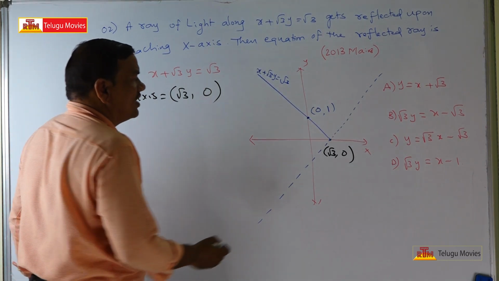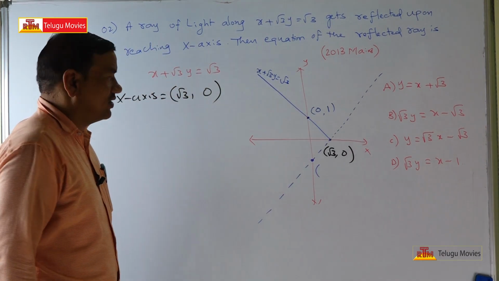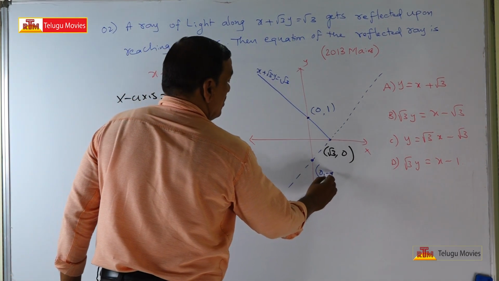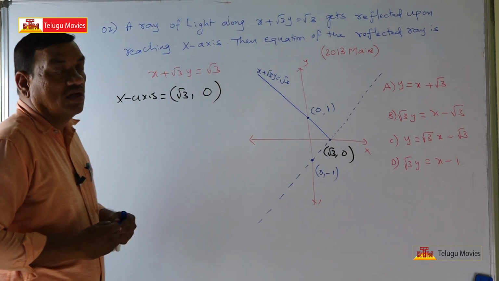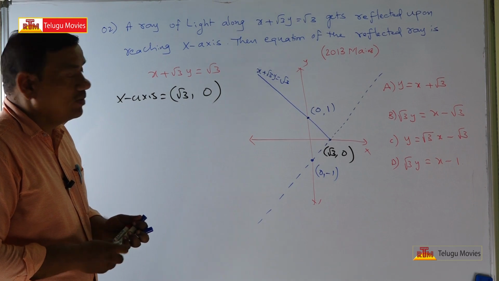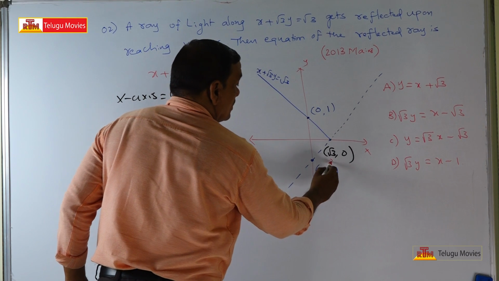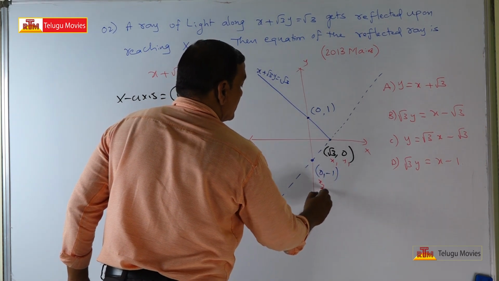If you observe clearly, what will be this point? Definitely it will be the reflection, that is 0 comma minus 1. That is the reflected ray. The reflected ray passes through the points root 3 comma 0 and 0 comma minus 1. Call them x1 y1 and x2 y2.